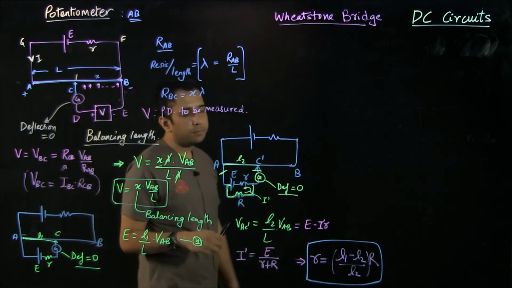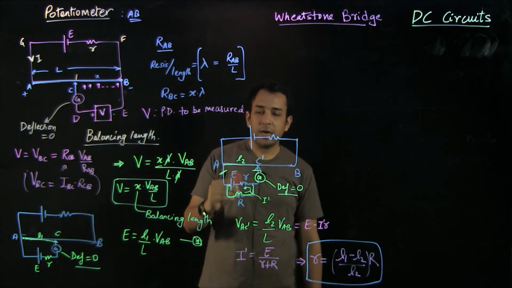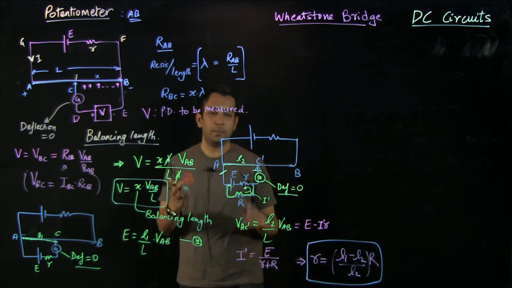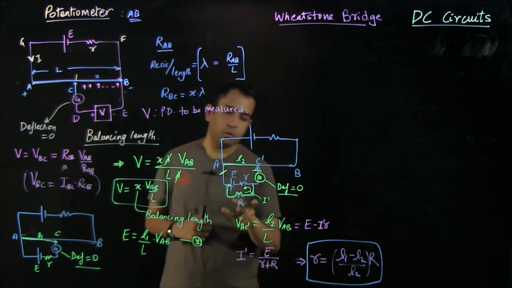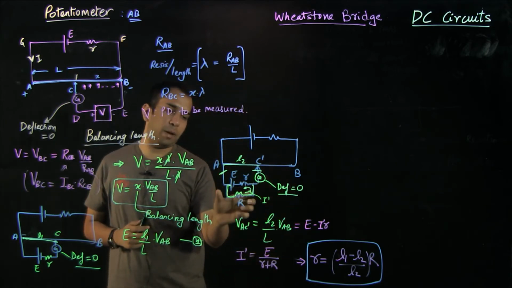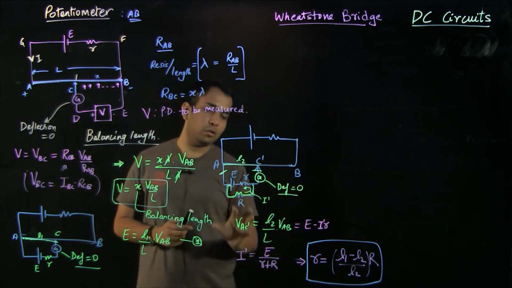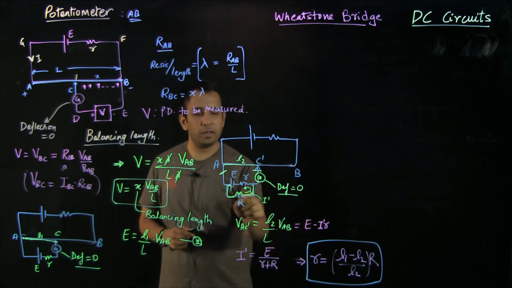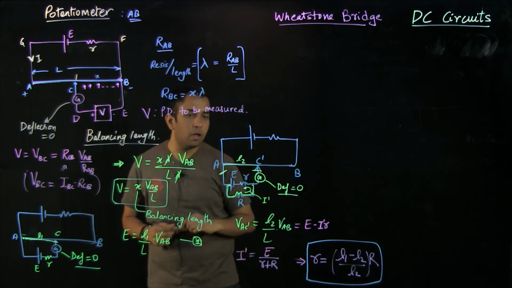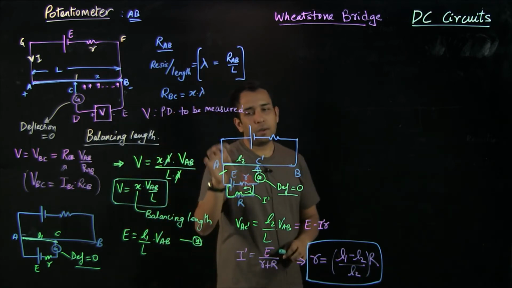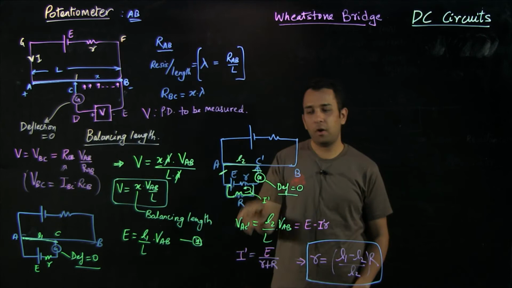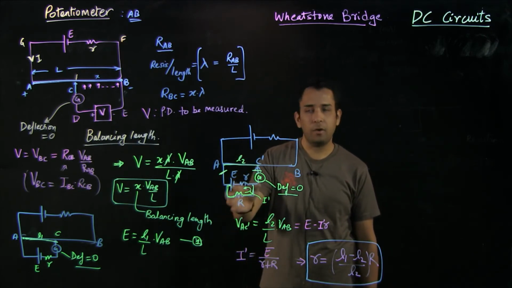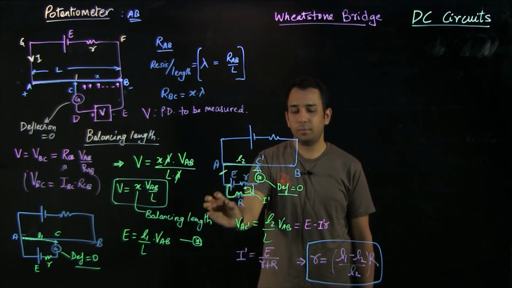In the second circuit, we need the current to flow through small r, so that we take it into account in the potential difference across AC'. So we applied a known resistance R in parallel with E and small r, so that even if the deflection of the galvanometer is 0, there is a current flowing in the small circuit which we have introduced. Using this principle, now the potential difference across AC' is not E but E minus I'R, and I' can be found out because it is only present in the smaller circuit.